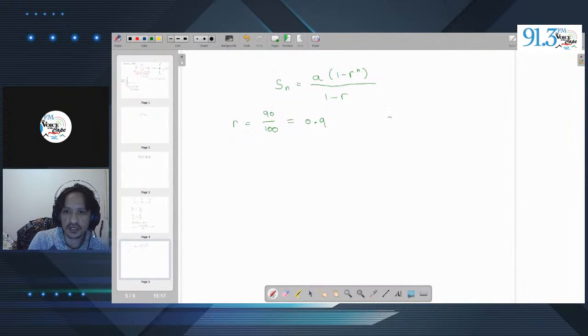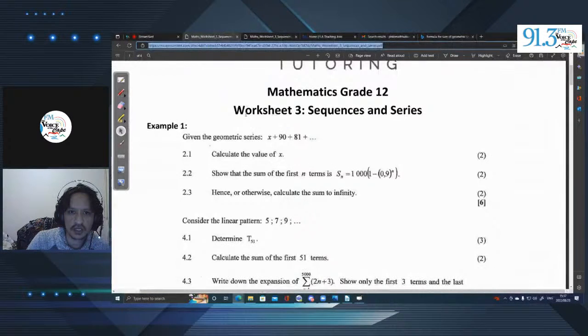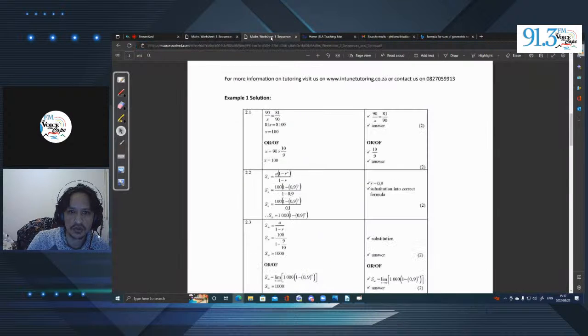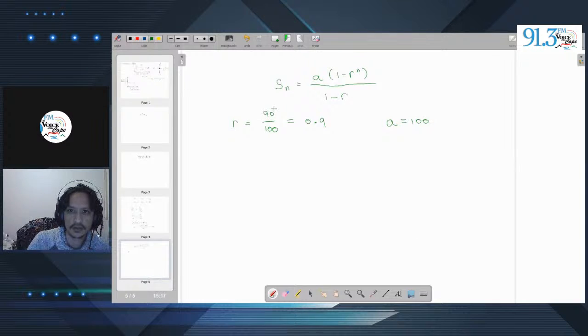We know our first term in the sequence is 100 because we solved for x, right? A equals 100. And we can double check that. If I go here, we'll see that it's x plus 90 plus 81, right? So if we go back here, it's basically 100 plus 90 plus 81. Okay, so there's our first term, 100.